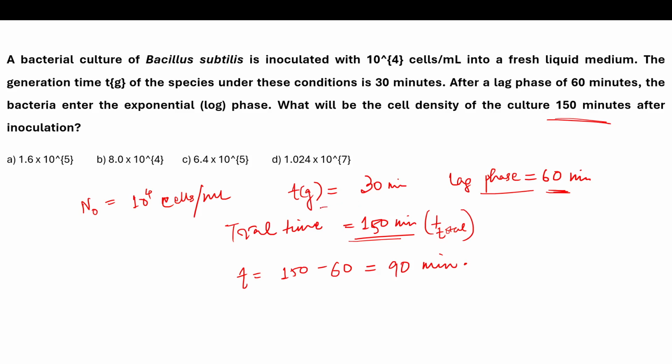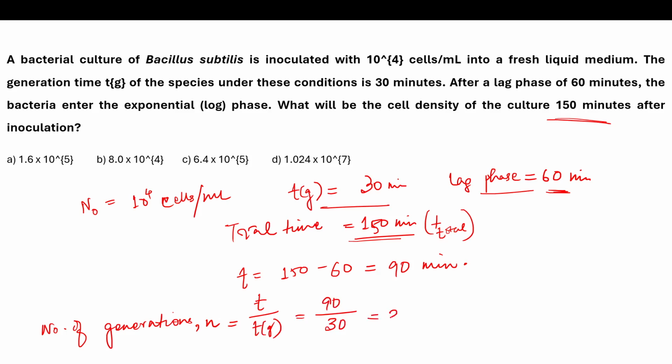Okay, and if the generation time is 30 minutes, the number of generations n will be T by the generation time, which is 90 by 30, which is 3, right? And the initial number of cells was 10 to the power 4.